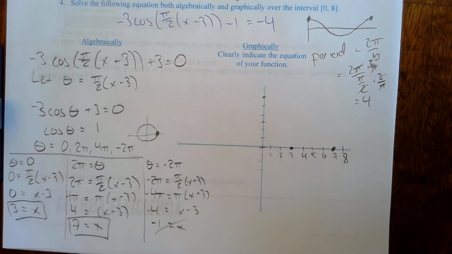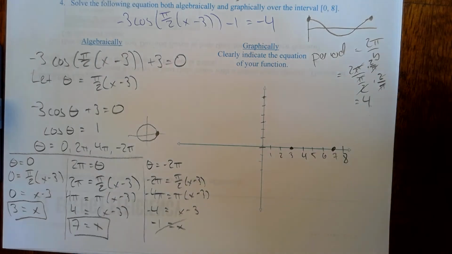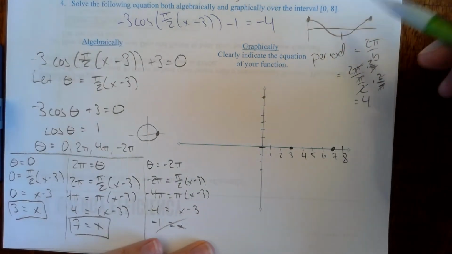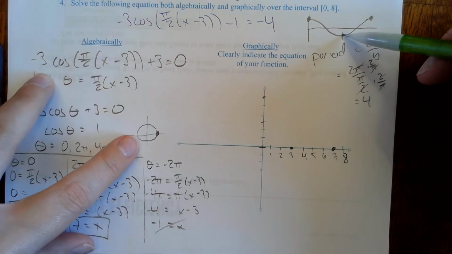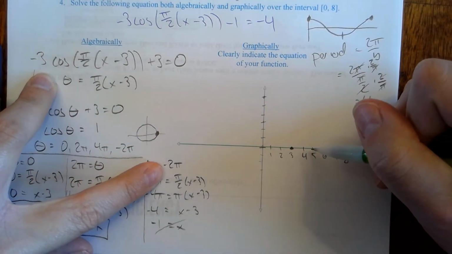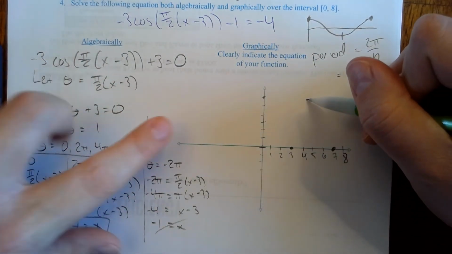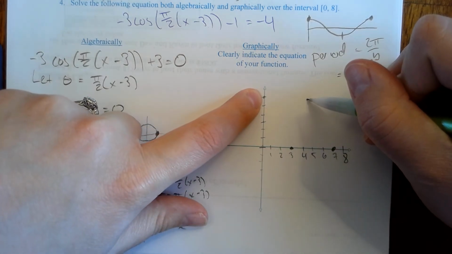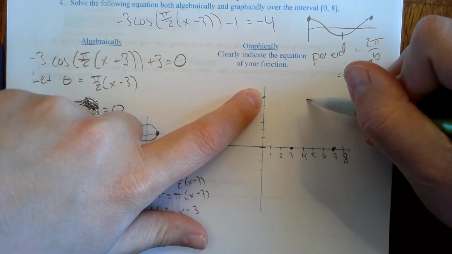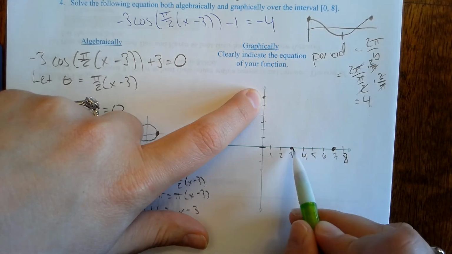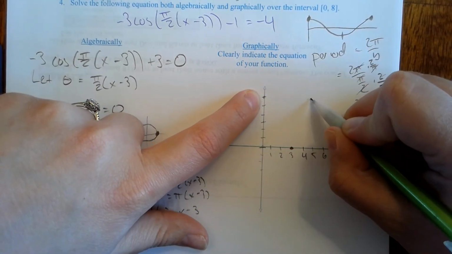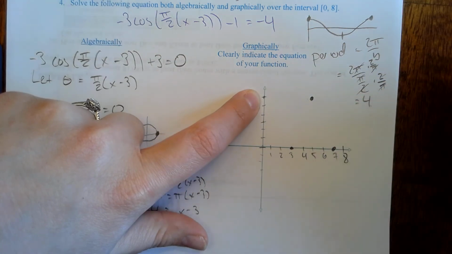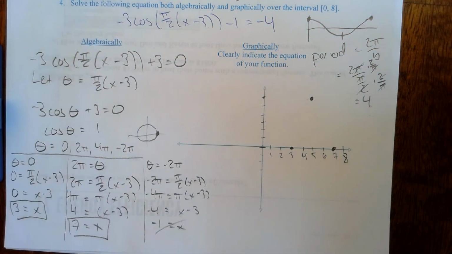Because I've done a lot of these, I know halfway in between here I should be at the minimum, but because of that reflection, I'll actually be at the maximum, which I already figured out to be up here at 6, and I'm going to be halfway between 3 and 7, which is at 5. So 5, and the y value is 6, and there we go.